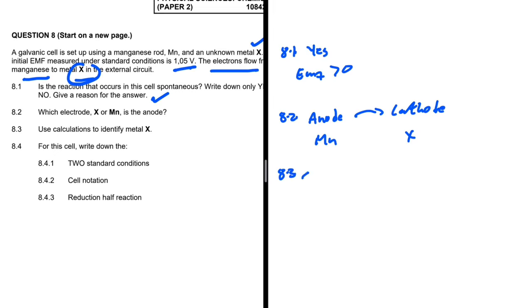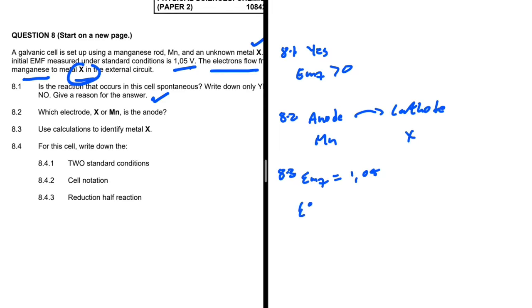So we are given the initial EMF, which is said to be 1.05. Using our table of standard reduction potentials, we can find the potential at the anode.